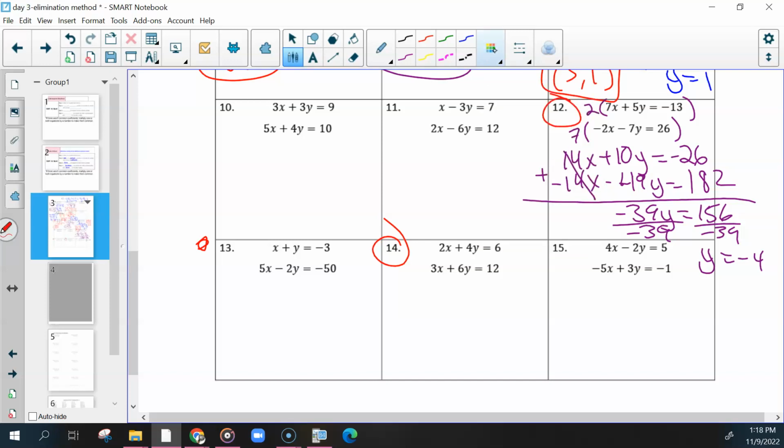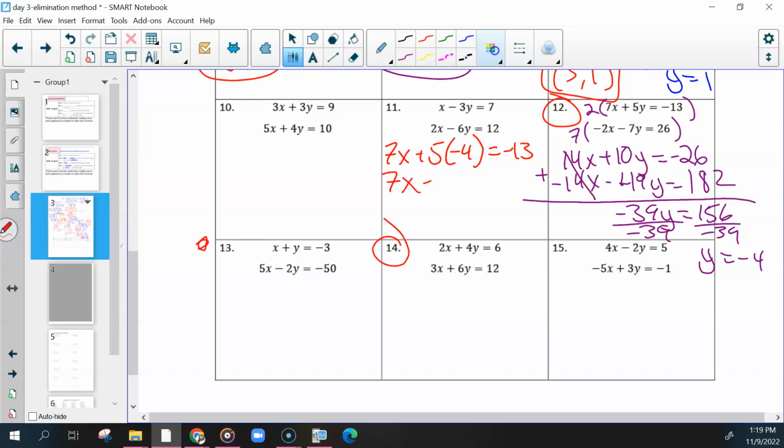And then we can go back and find our x. Because we changed both equations, you have 4 options to put it back into. The original 2, or either of the 2 new ones, does not matter which one. Let me do this work over here. So let's say I put it back in the first one. 7x plus 5 times -4 equals -13.